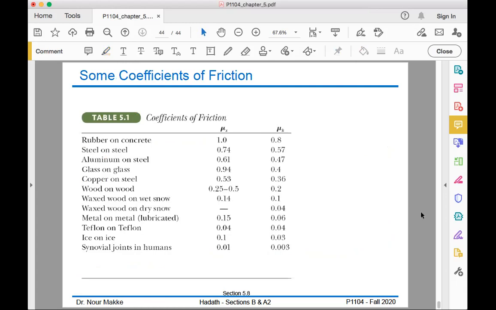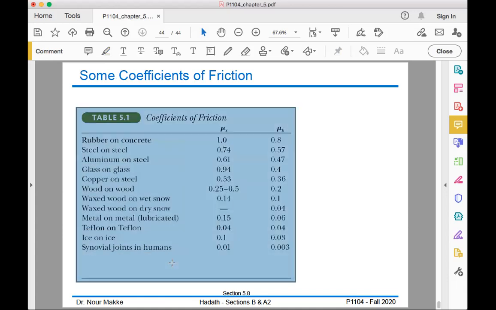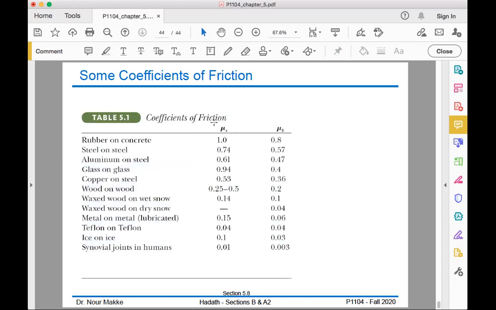That's it. Here are just some examples about the coefficients of friction. Here you have the different types of contacts between different surfaces, and the coefficients of friction for the static and kinetic cases.